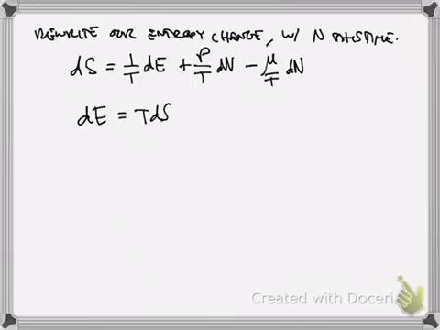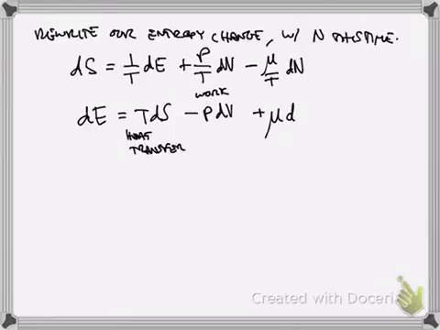We have TdS, which is of course heat transfer, minus PdV, which is the work done on the system, and then one more way to change the energy, plus mu dN. Interesting. So we can change the internal energy of the system by transferring heat, by changing its volume and doing work on the system, or by changing the number of particles in the system.